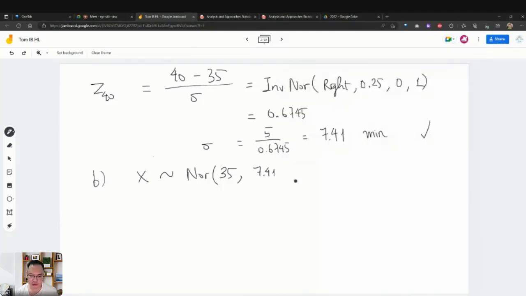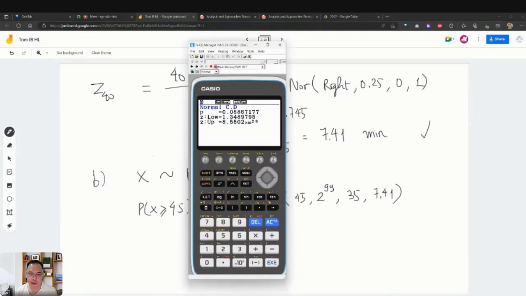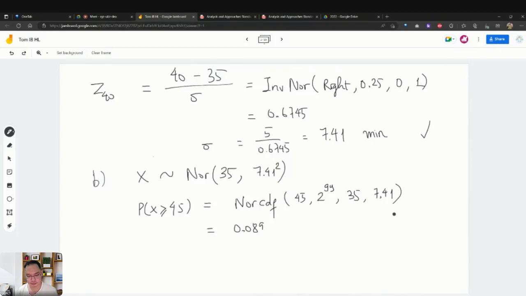And then the probability of X greater than or equal to 45 minutes is normal CDF: lower boundary 45, upper 2 power 99, mean 35, standard deviation 7.41, and equal to 0.08889.